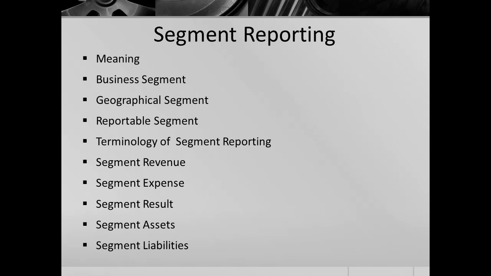Under this, the first one is segment revenue. Segment revenue is the revenue reported in the statement of profit and loss that is directly attributable to a segment, and the relevant portion of enterprise revenue that can be allocated on a reasonable basis to a segment, whether from sales to external customers or from transactions with other segments of the same enterprise.